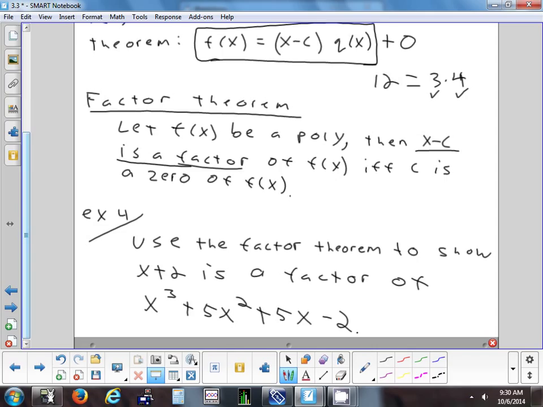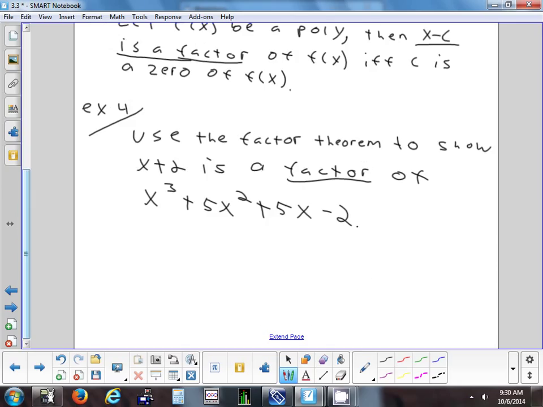Okay, and if it confuses you to think of it as the factor theorem, just think of it as the remainder theorem. You're going to find the remainder when you divide by x plus 2, and you're going to hope that the remainder comes out to 0. If it doesn't, then x plus 2 is not a factor. Okay, so what number would we plug into, let's call this whole thing f of x?